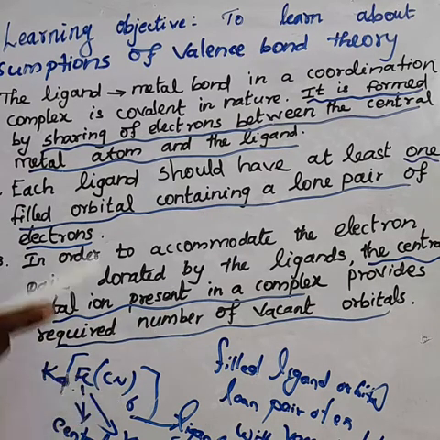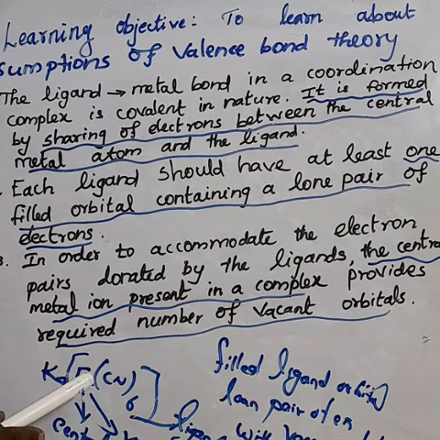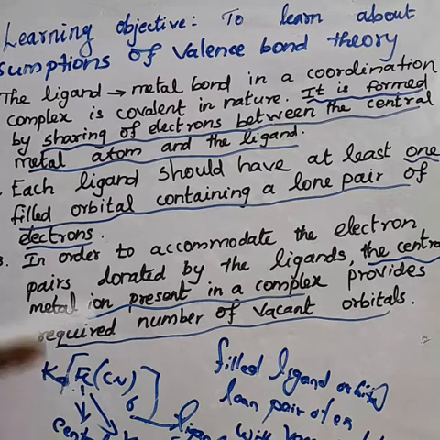What is the first point? The sharing of electrons between the central metal atom and the ligand. What is the second point?